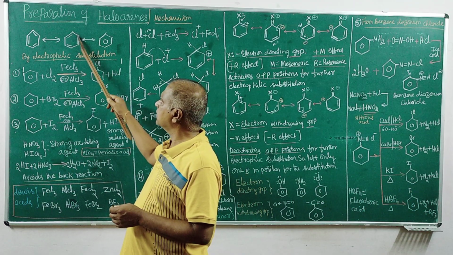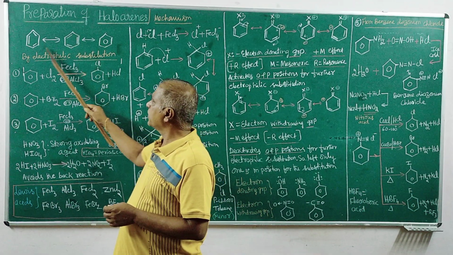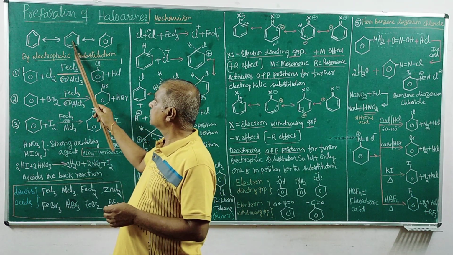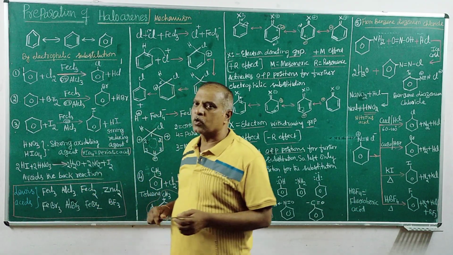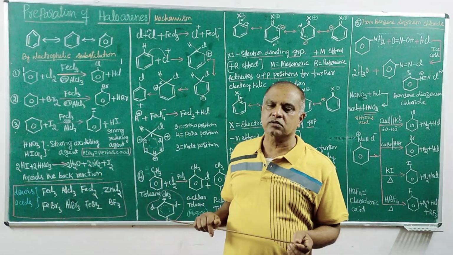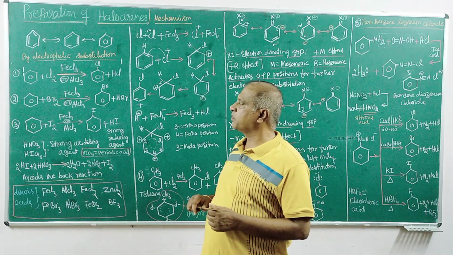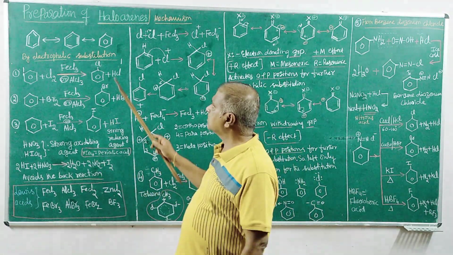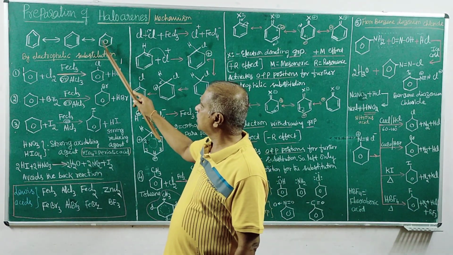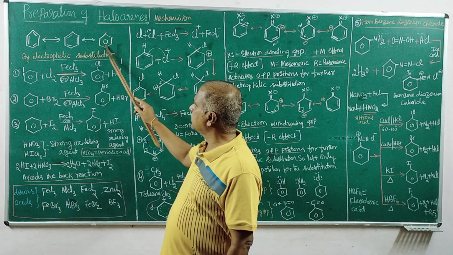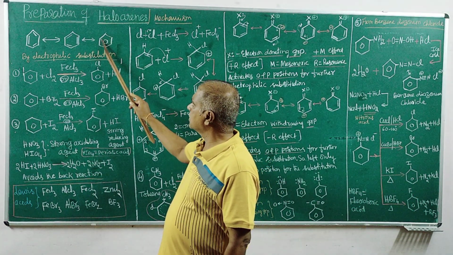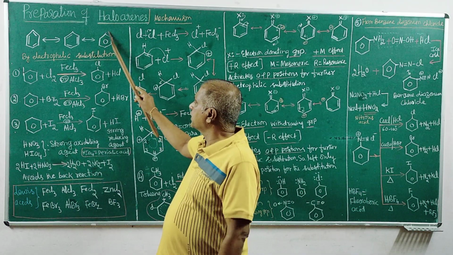The pi bond keeps moving like this. Because of the movement you get this and this. So this is called delocalization of pi bond electrons. The symbolic representation of this delocalization is a circle, which shows that the pi bonds are always moving around in the ring structure, the hexagonal ring.